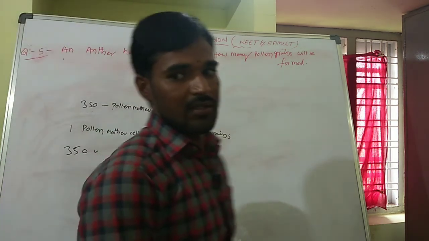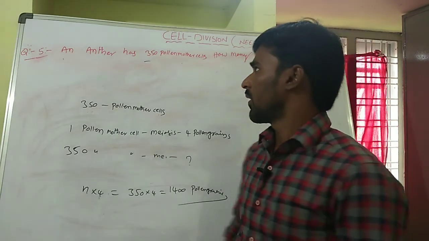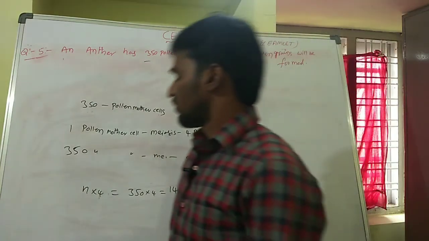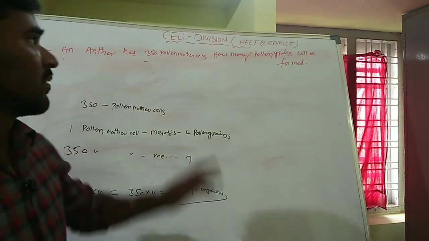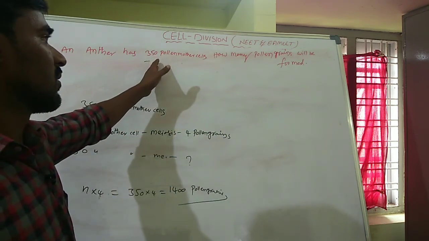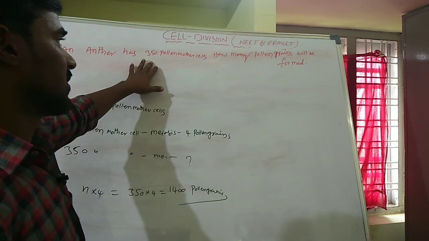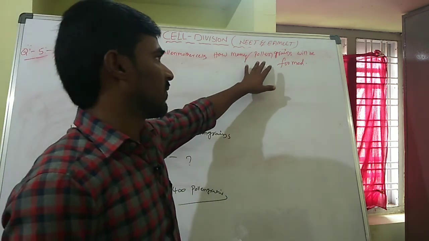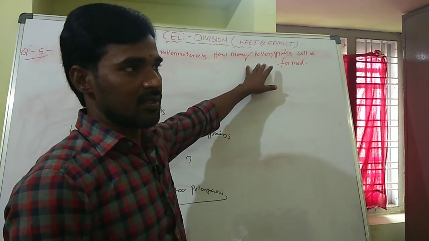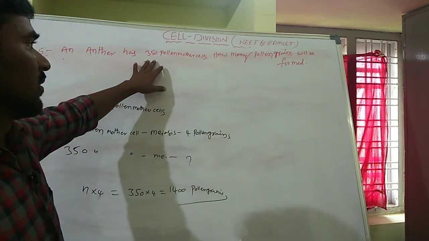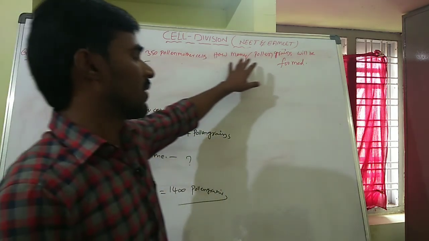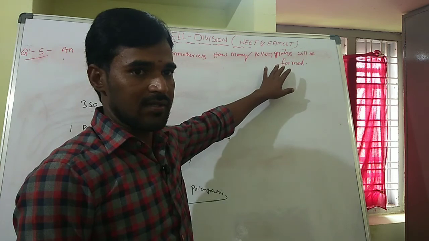Sometimes he is asking like this. Sometimes he is asking for pollen grains, given the pollen mother cells. Sometimes he gives the pollen mother cells and asks to find out the pollen grains.